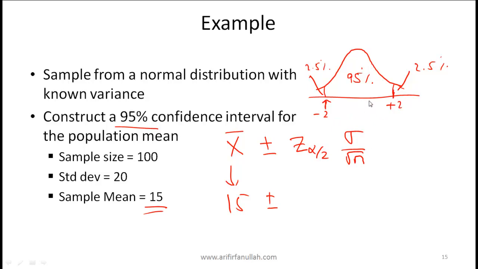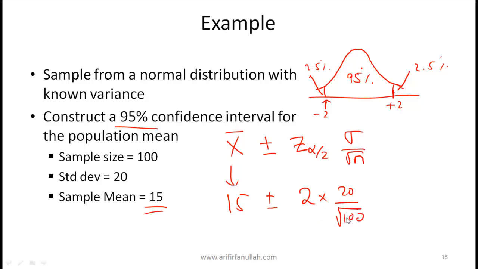So you can look this up in your normal distribution tables, which we've studied in the previous lecture. So Z alpha over 2 is 2 and sigma is given, that is 20, divided by square root of n, which is square root of 100.